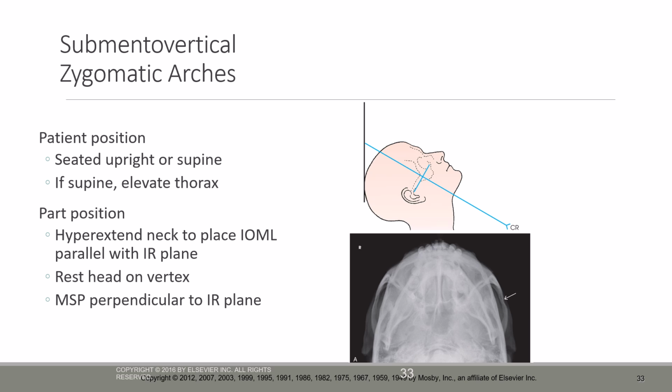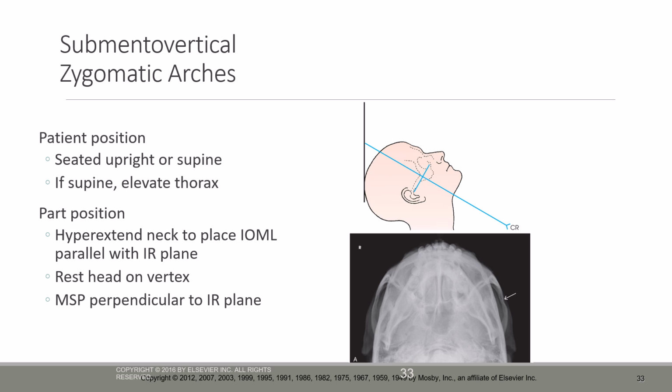So it goes zygomatic arch, then lateral skull, so temporal bone and frontal bone right there, temporal-frontal bone boundary, and then body and ramus of the mandible, okay, at the middle.